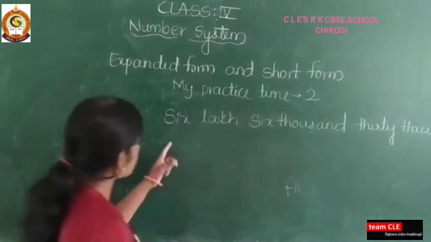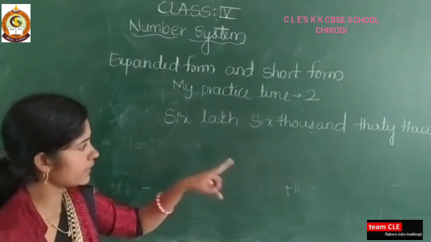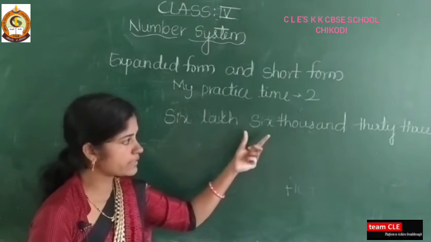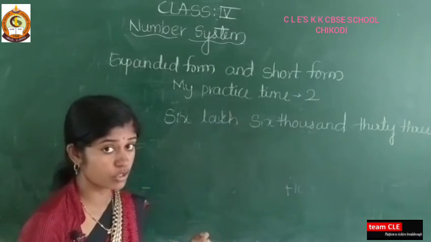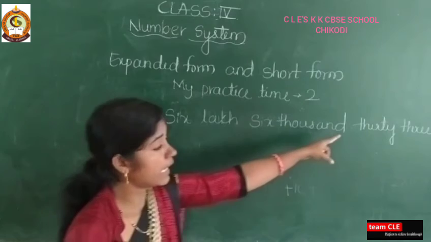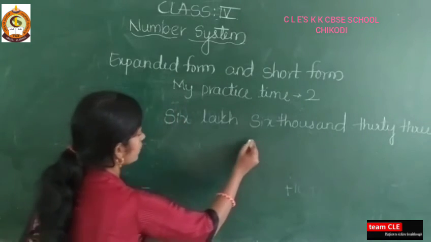See here, 6,06,033 is there. In this number, the 10,000 place is not there, and sorry, not lakh place, the 100 place is not there. So just see how to write this number.